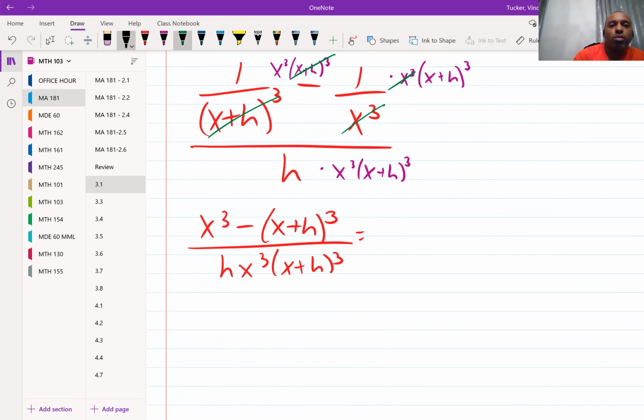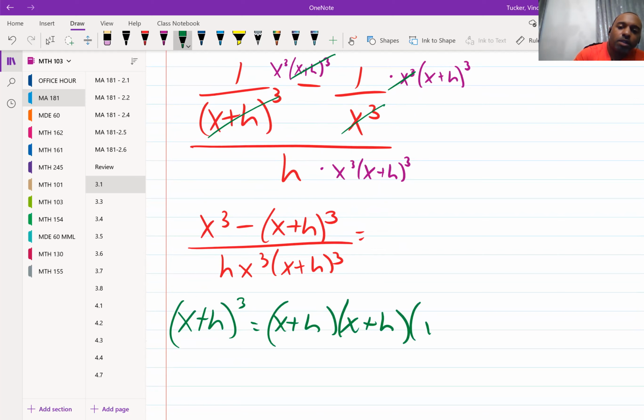All right, so x plus h cubed is x plus h, x plus h, x plus h. Let me go ahead and fold this one out. Leave that third one alone until we finish with the first multiplication.